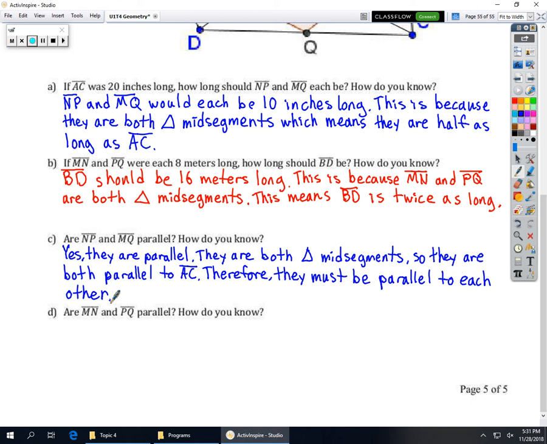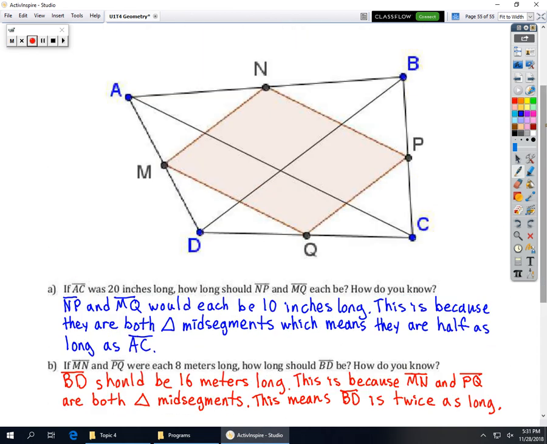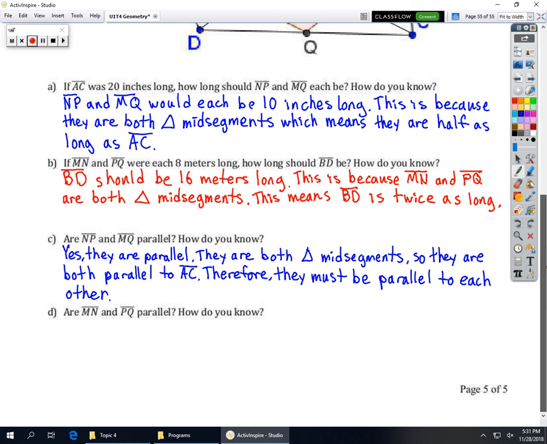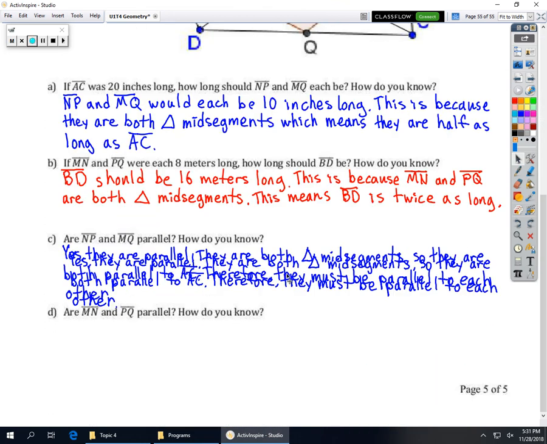And guess what? Question D, it's exactly the same. MN and PQ, which are these sides, guess what? MN is parallel to BD. PQ is also parallel to BD, therefore they must be parallel to each other. I'm going to be very lazy, and I'm just going to copy and paste this. So you get to watch wonderful technology at work. Oh, there it is.